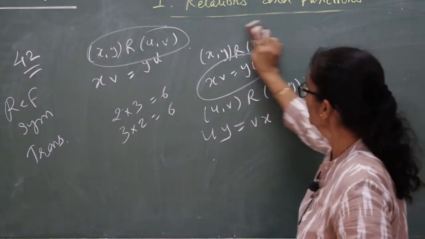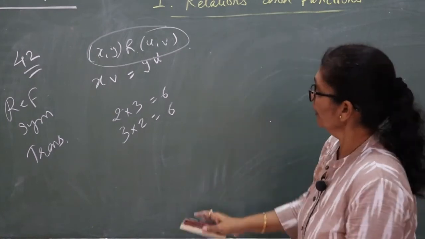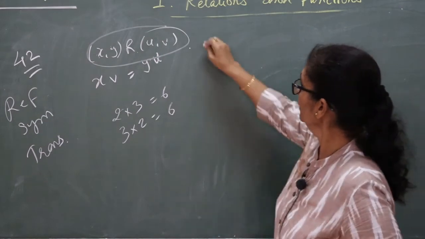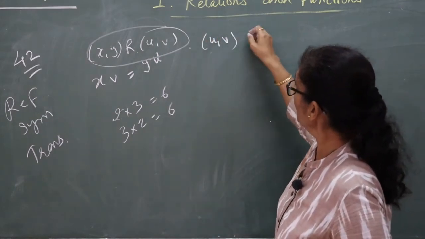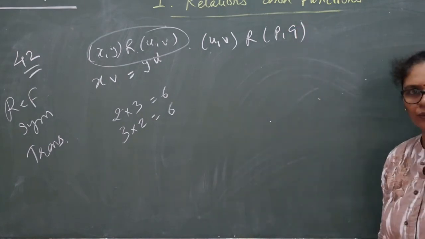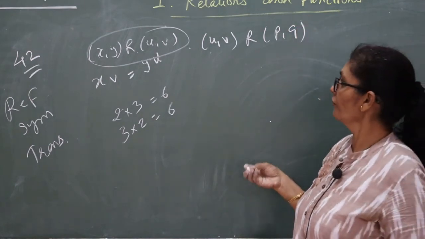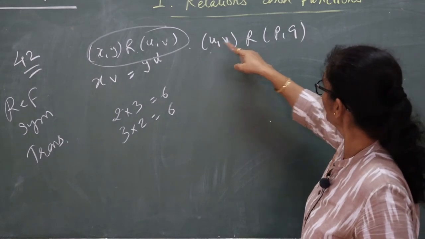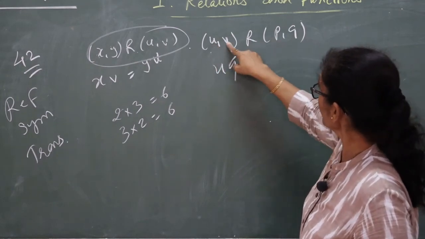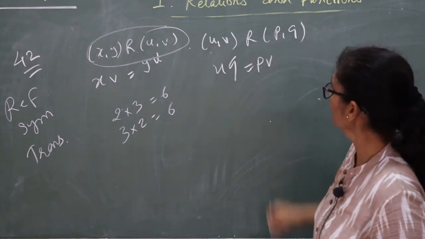And our last, transitivity. We have taken (x, y) with (u, v). Then we get this relation. Now I am taking (u, v) with (p, q). You can choose any letters, that is your wish. Now here we apply first with last, u with q and second with third, p with v.